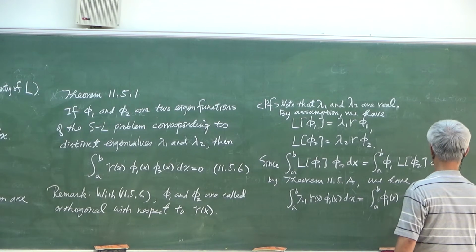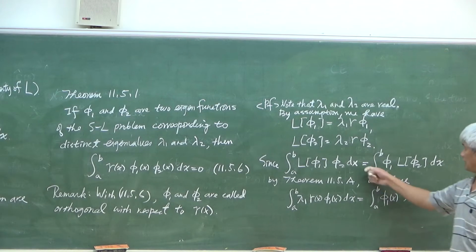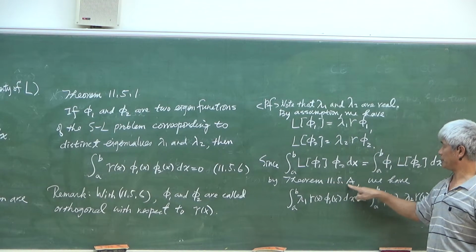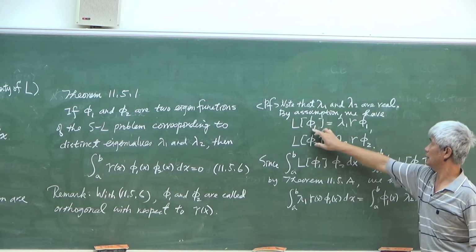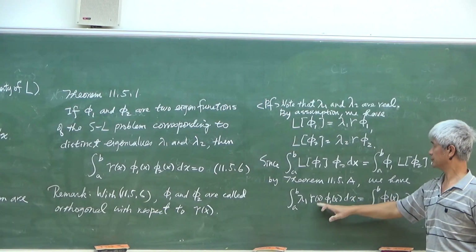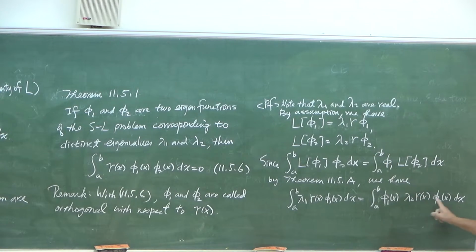Okay? Right? So this identity is from theorem 5.8. And now we substitute the L of phi 1. L of phi 1 is lambda 1 r phi 1, and L of phi 2 is lambda 2 r phi 2. Okay? So we establish this identity.